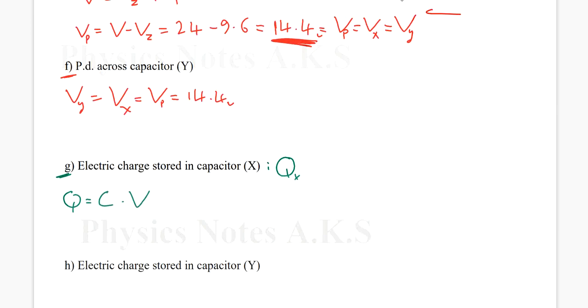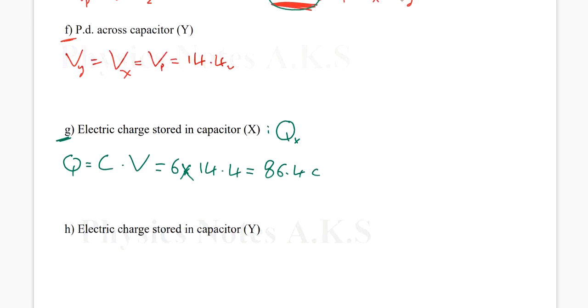We have the C of X, it is 6, multiplied by the Vx, we just got it, right here, it's 14.4. So it's very simple. 6 multiplied by 14.4, I get 86.4 coulomb. This is the charge in X.